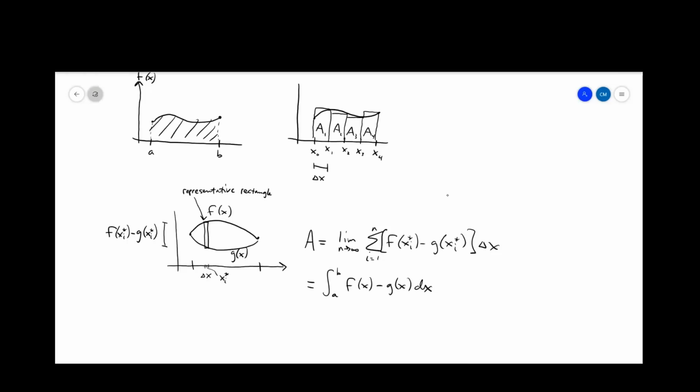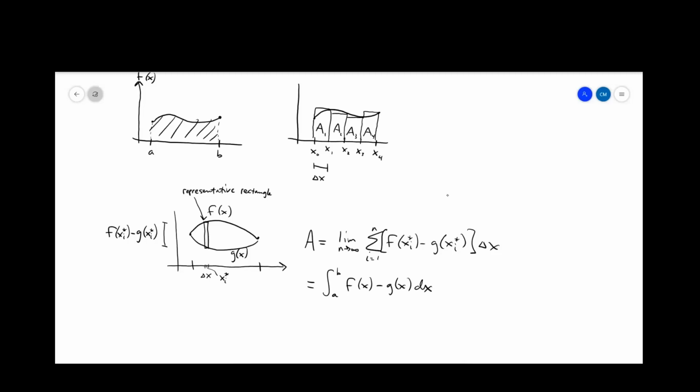Any questions about that? So, if not, remember that it did matter before when we were talking about just finding the area under a curve.